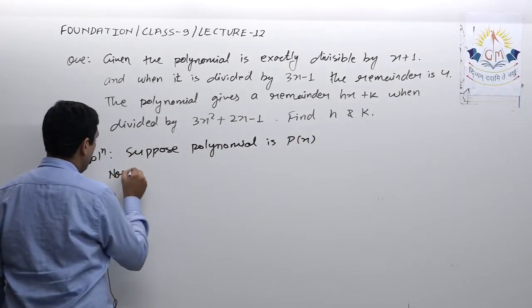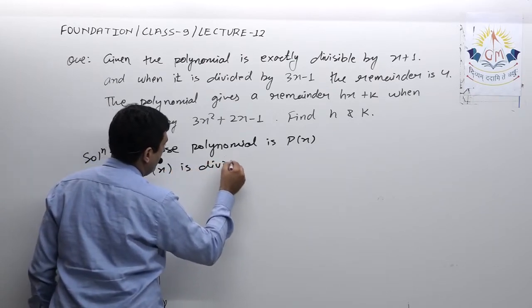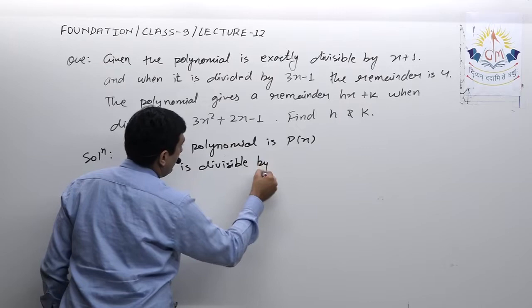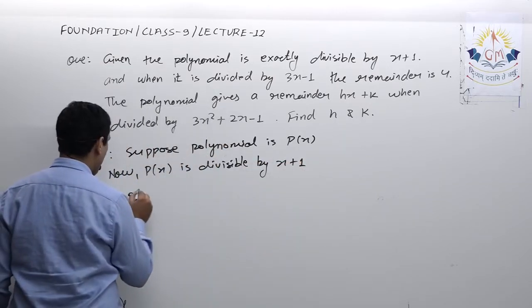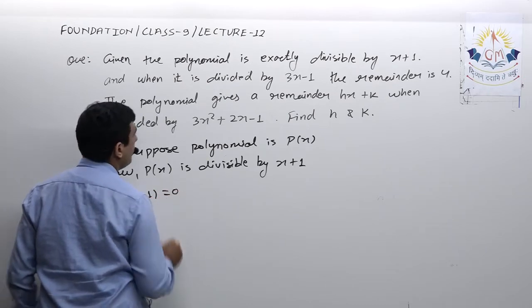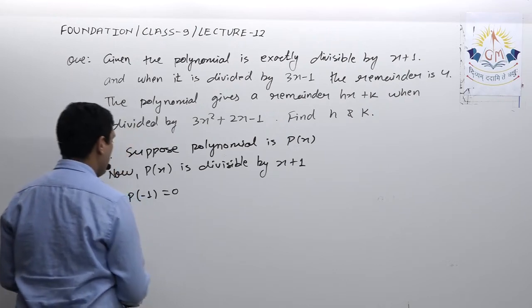Now px is divisible by x plus 1, therefore p of minus 1 is equal to 0, isn't it? Polynomial is divisible by x plus 1, so p of minus 1 equal to 0.